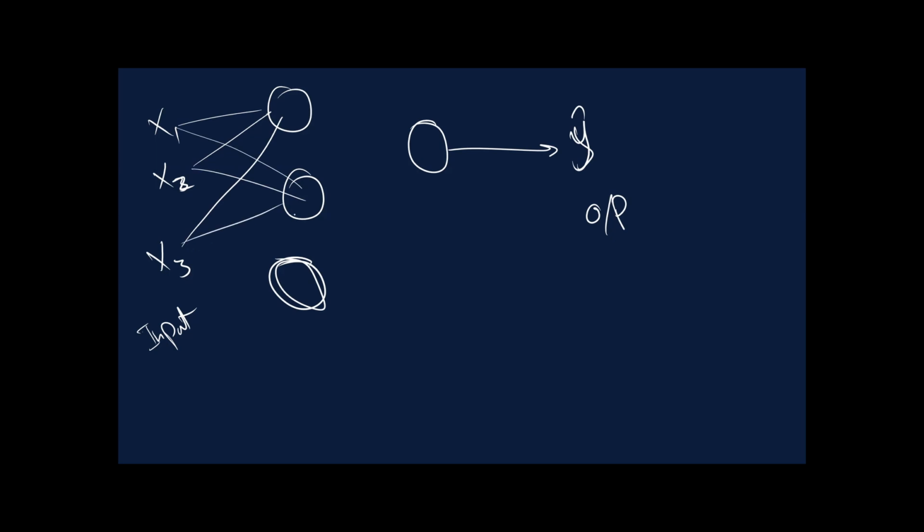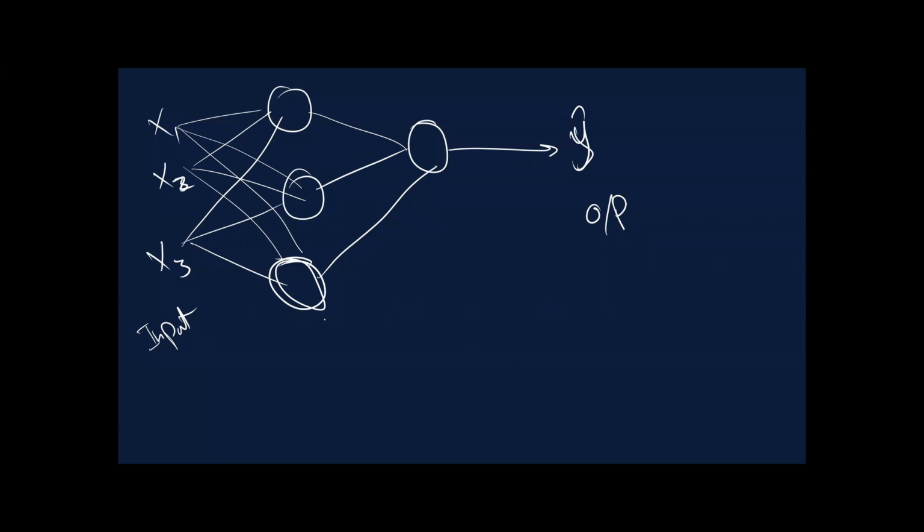Both of them are hidden because that's the input. And the result here is the output y hat. That's the output layer. And every node is taking all the features. Every classifier is taking all the features. And we say that this is a dense network because it's fully connected. Each node is connected to all other nodes.